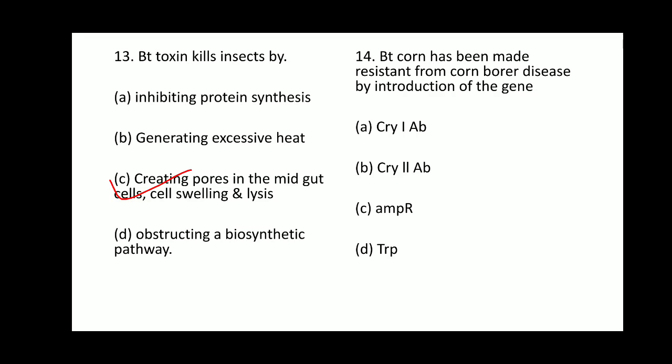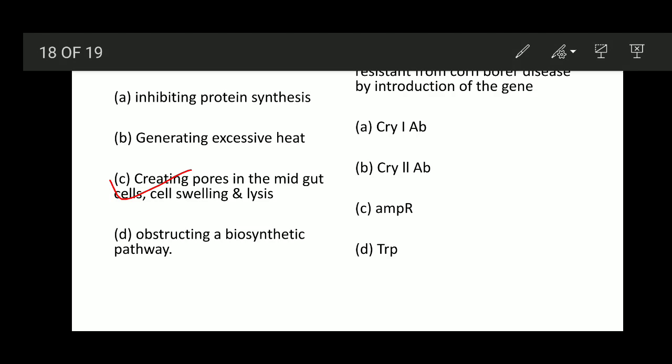Bt cotton is made resistant by introduction of the genes cry1AC and cry2AB. Bt corn has been made resistant to corn borer by introduction of the gene cry1AB. So option A is the right answer for this question.